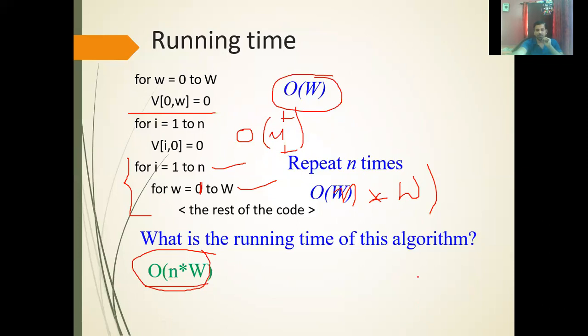And this is about 0-1 knapsack problem solving by using dynamic programming.